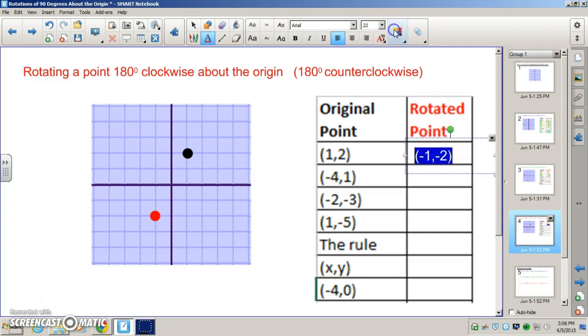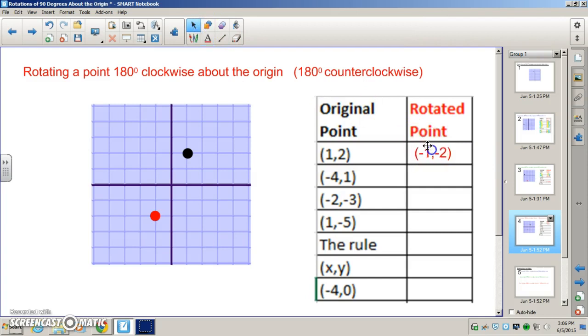I want you to see the pattern that it doesn't seem to be switching this time. The yellow, which I had on the second number, stays on the second number on the rotated point, and the first number being blue stayed the first number. The only difference was both the blues and both the yellows switched signs.